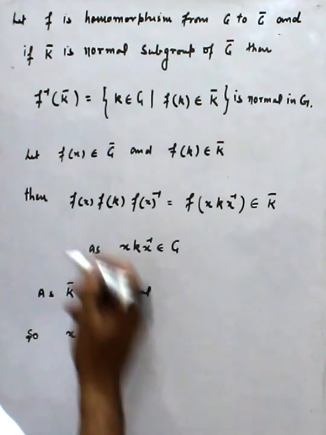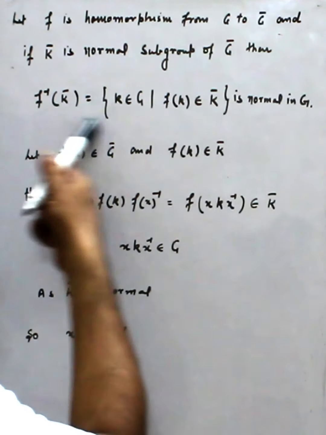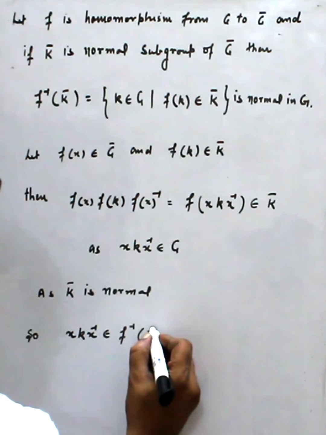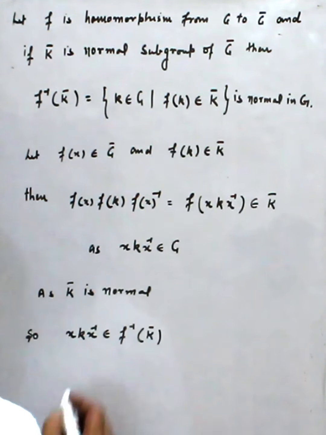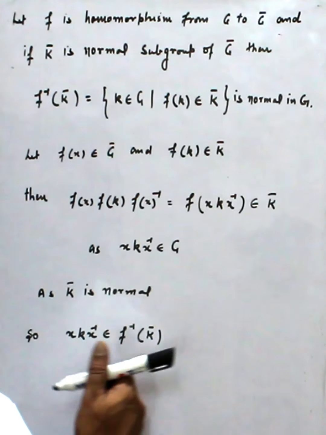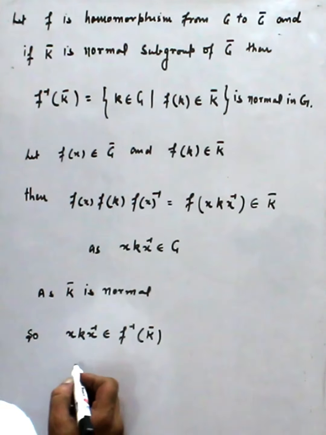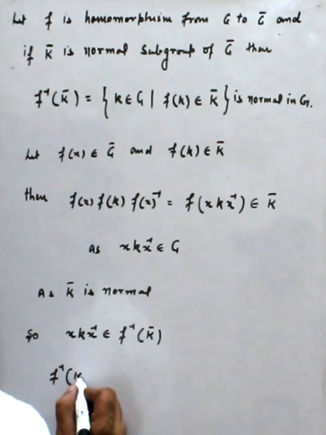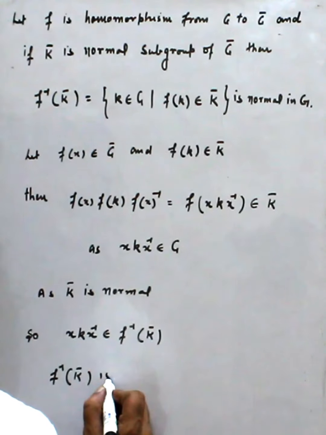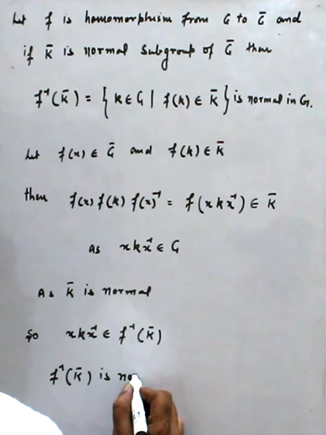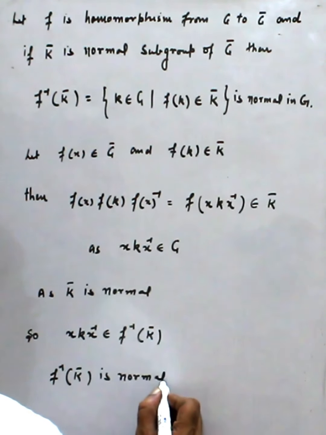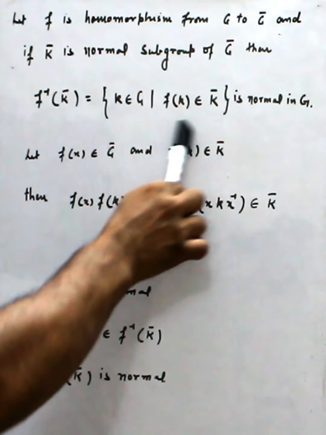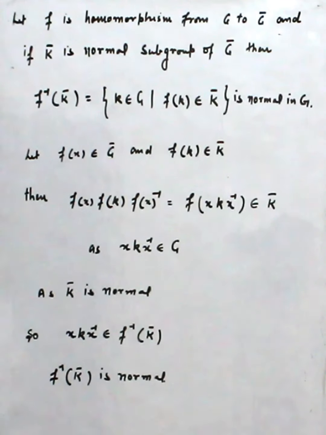This is the definition we can use, because the structure of the set is like this, f inverse K bar. Now this element belongs to this, hence we can say f inverse K bar is normal. So this whole question depends on the structure which is given to us.